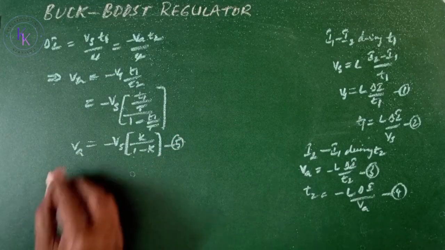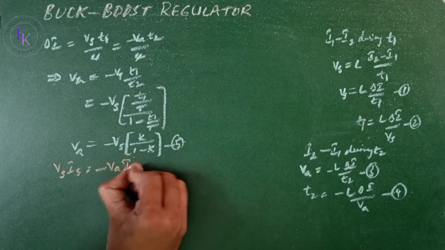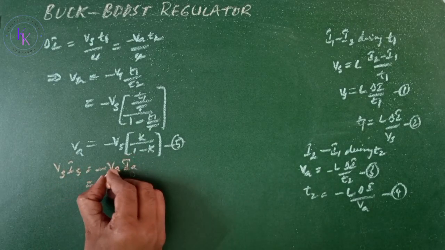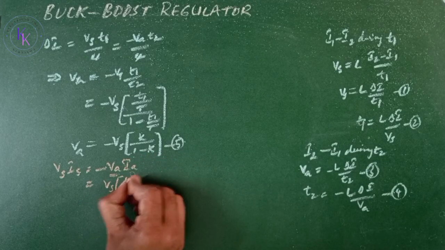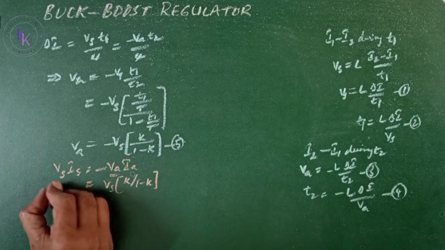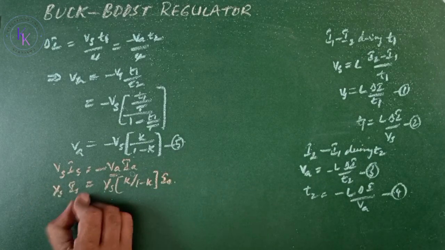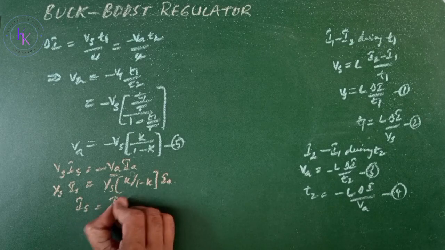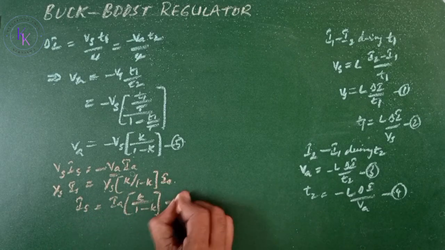Assuming a lossless circuit, Vs Is equals minus VA IA. Substituting the value of VA from equation number 5, we get Vs K by 1 minus K equals Vs Is, multiplied by IA. So Is equals IA K by 1 minus K. That is equation number 6.